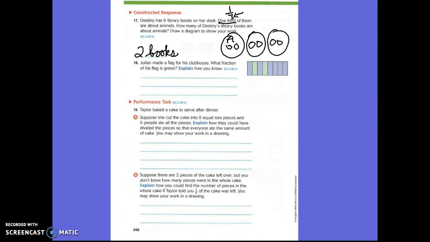Number 18. Julian made a flag for his clubhouse. What fraction of his flag is green? Explain how you know. Okay, what are we going to be writing on this one? What does the question ask? What fraction?